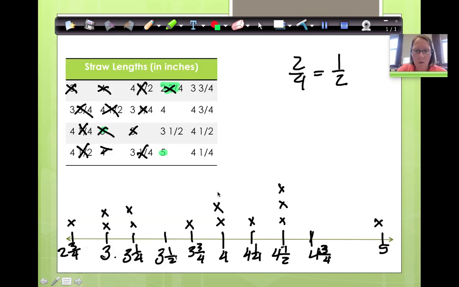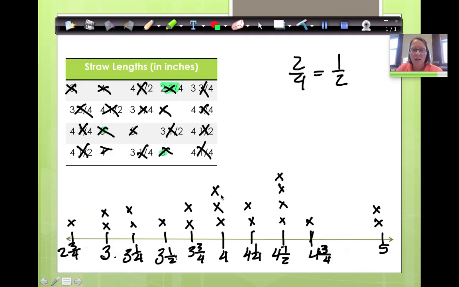Oh, wow, 4 is growing. 3 1/2 down here. 5 over here. 3 3/4 right here. 4 3/4 over here. 4 1/2 right here. Oh, 4 1/4. Wait a minute. 4 1/2 over here. 4 1/4 here. All right.